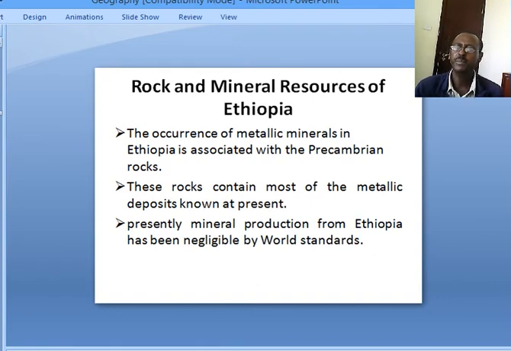Rock and mineral resources of Ethiopia. Ethiopia has different minerals. The occurrence of metallic minerals in Ethiopia is associated with the Precambrian rocks. These old rocks are believed to have huge metallic mineral deposits. These rocks contain most of the metallic deposits known at present.